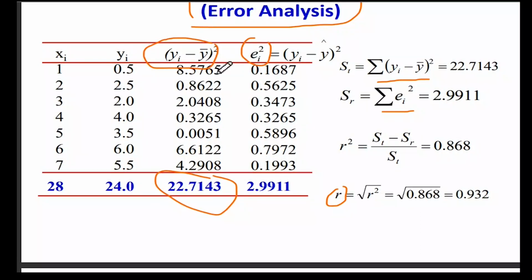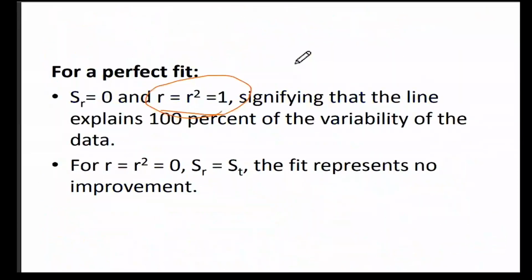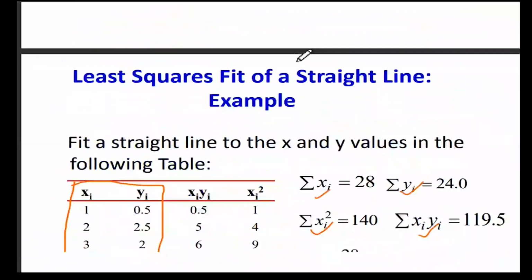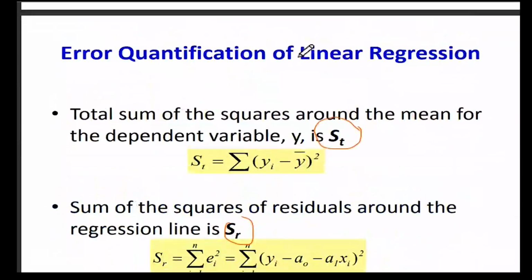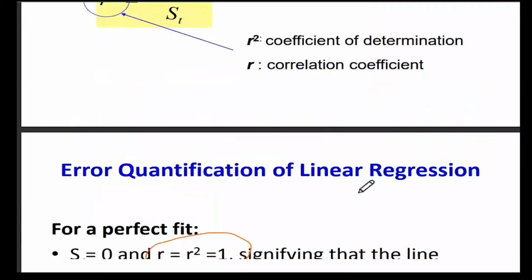Okay, next kita dapatkan SR. How can calculate SR? So, kita nak cari EI kuasa 2. EI itu apa? Adalah nilai YI tolak dengan nilai Y. So, kita nak cari the difference between, so ni mana nilai EI tadi tu. Okay, EI ni adalah nilai Y yang kamu dapat measured dia tolak dengan Y yang kamu kira daripada persamaan.